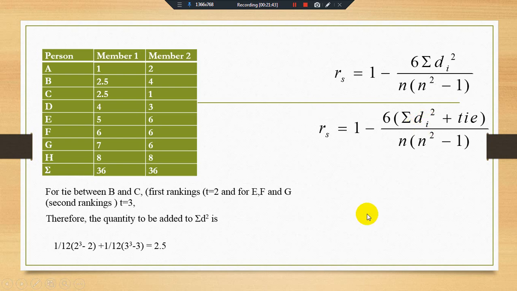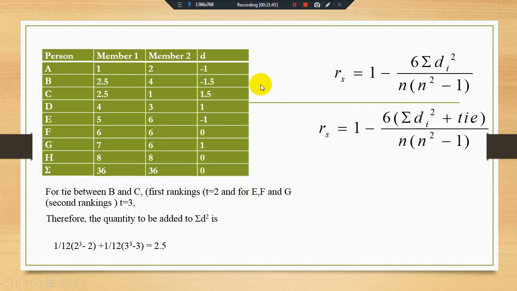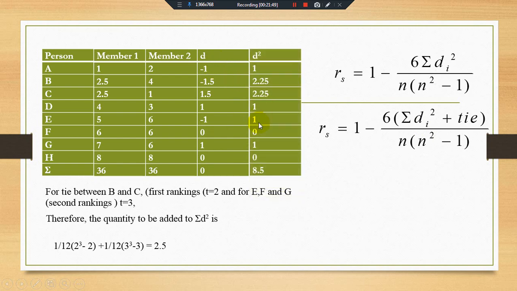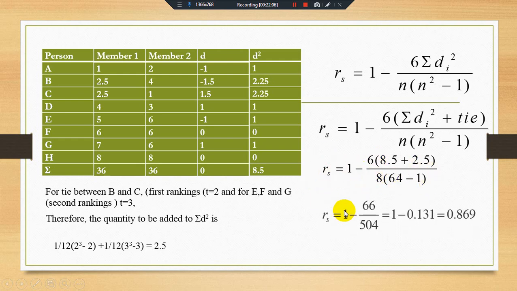So we have to find the D. First we find the D, then take the square of the D, and then put this outcome into this formula. This is the D square and this is the tie answer. Now we have the calculated standard rank order correlation.